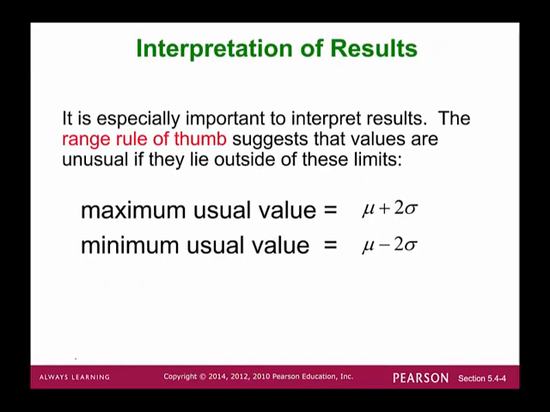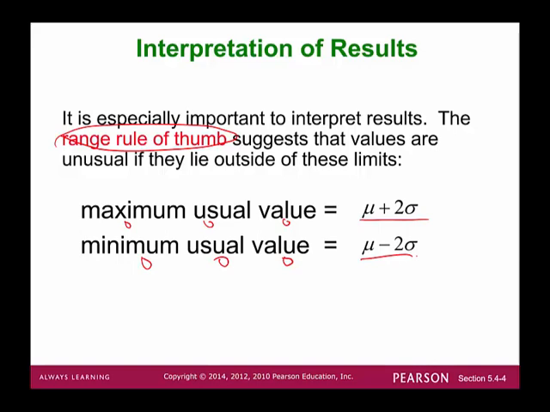Now let's take a look at the range rule of thumb. We used it in the previous lecture videos. Maximum usual value is population mean mu plus 2 standard deviations. Minimum usual value equals population mean minus 2 standard deviations.